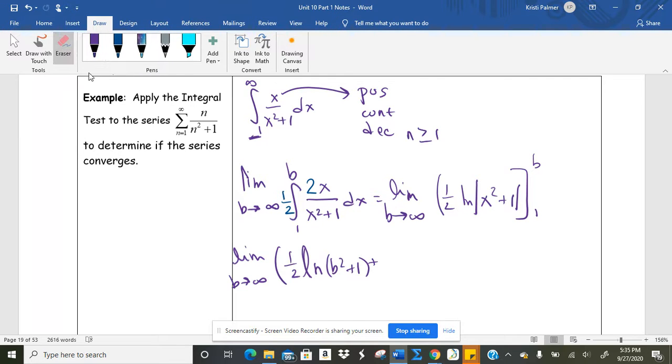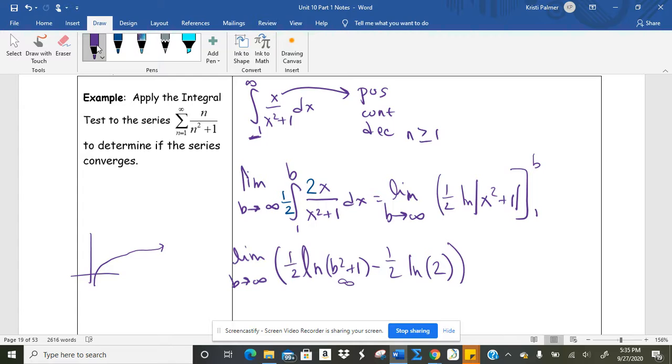Haha, why did I put a plus? Okay, minus half times the ln of 1 squared, which is 1, plus 1 is 2. And the limit as we go to infinity, well, b squared going to infinity is infinity plus 1. This is all going to infinity. And ln, why, it's a creeper, it still slowly grows.